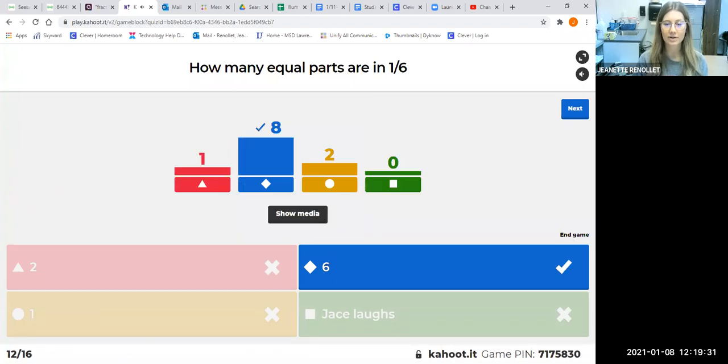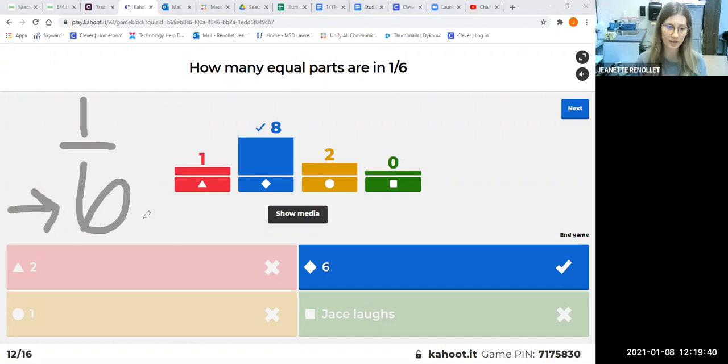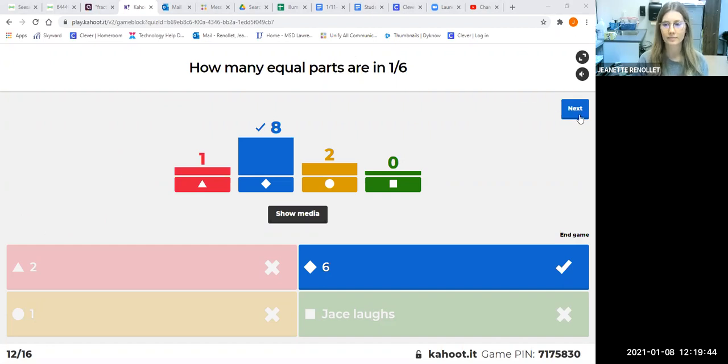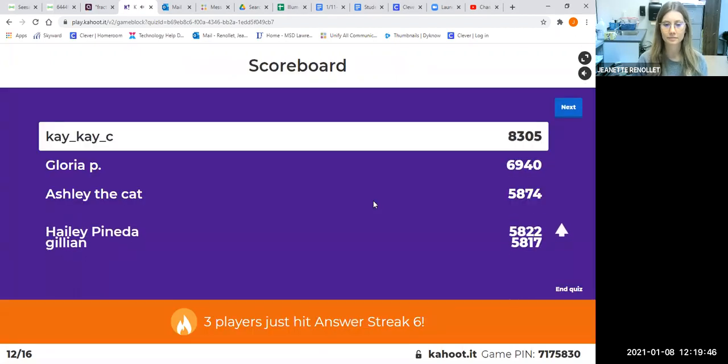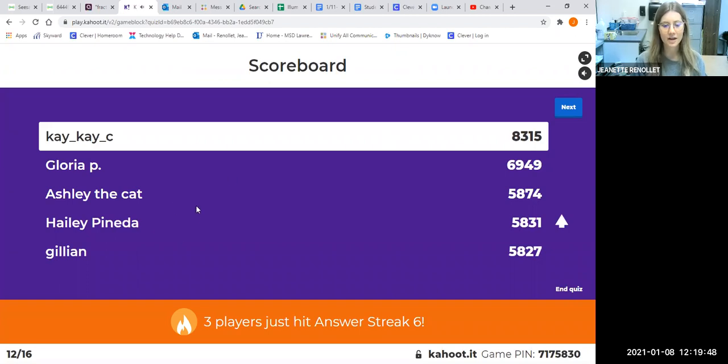Awesome job. If there is a 6 in the denominator, that tells us that there are 6 equal parts in the whole. Great work. Oh yeah, crushing it.